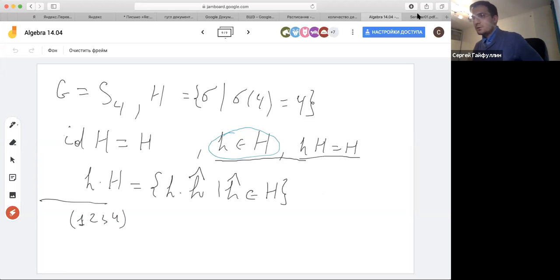Let us think about what the left coset of this element (1, 2, 3, 4) multiplied by H is. I'm interested if there is a permutation delta from this left coset. What can we say about delta of 4?